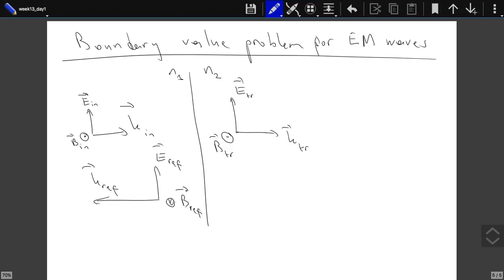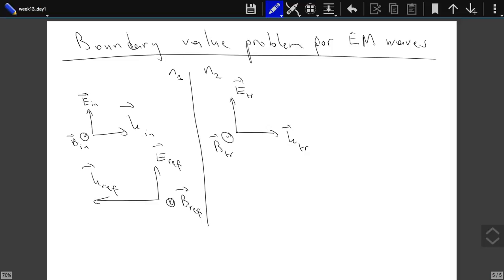Again, I don't really know whether B changes direction or not, or E changes direction or not. I know that one of them should change its direction because K changes direction. Now, if it is the electric field that changes direction rather than the B field, then I know that E reflected should be minus a constant times E incident. So that is what I will be trying to find.